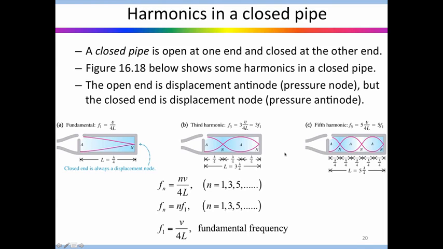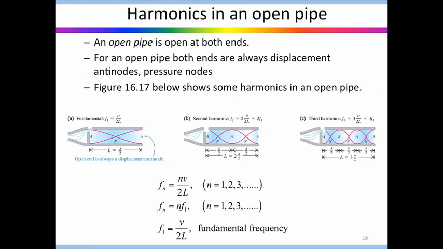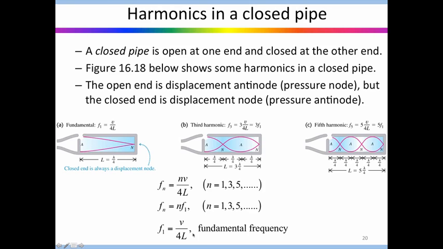The same arguments go for the fifth harmonic, and therefore we can say that the frequency of a pipe that is closed at one end is just NV divided by 4L, where now you have restrictions on the integers. They must be odd integers. Whereas for the earlier case, the integers run from 1, 2, 3, so odd and even all included. The fundamental frequency of a pipe that is closed at one end is V over 4L.